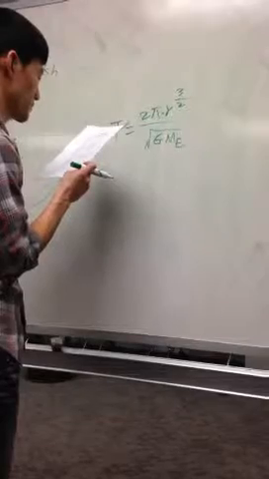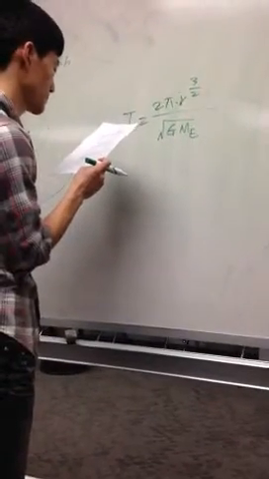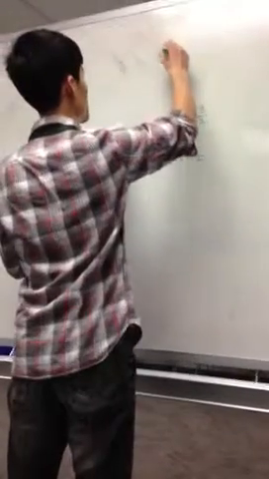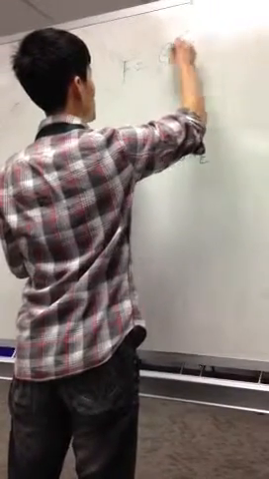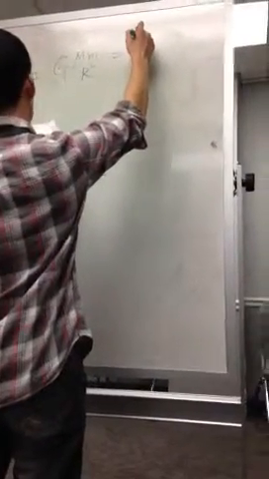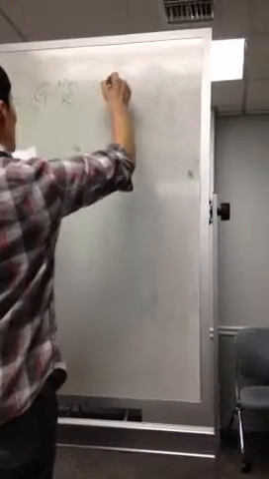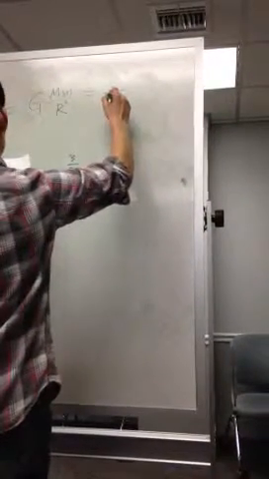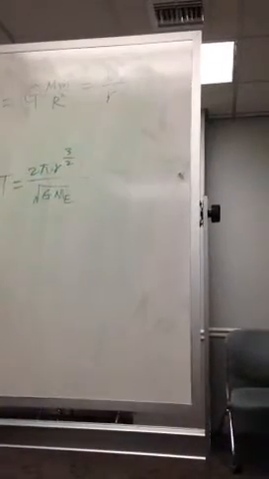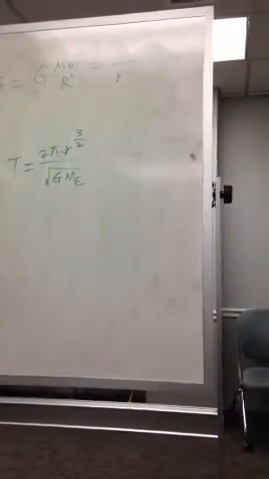Let me see. So the force is equal to G M m over r squared, and it's equal to v squared over r times small m.